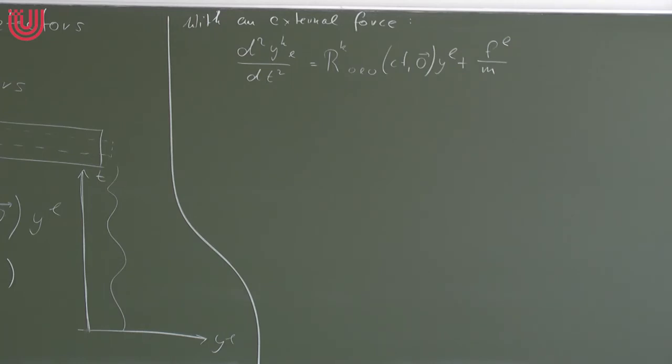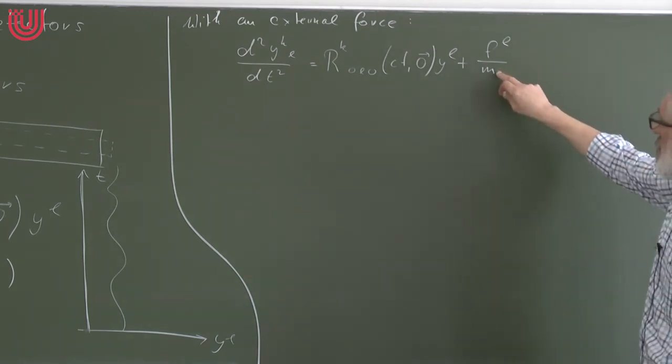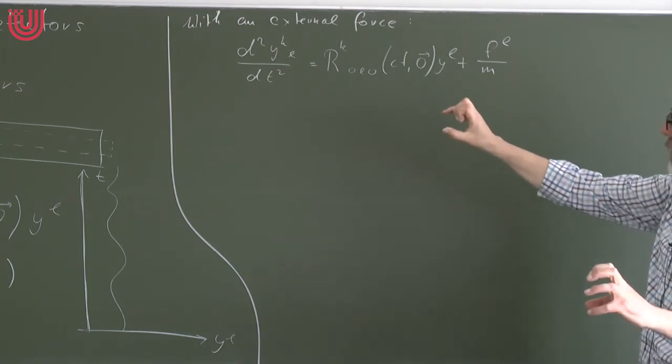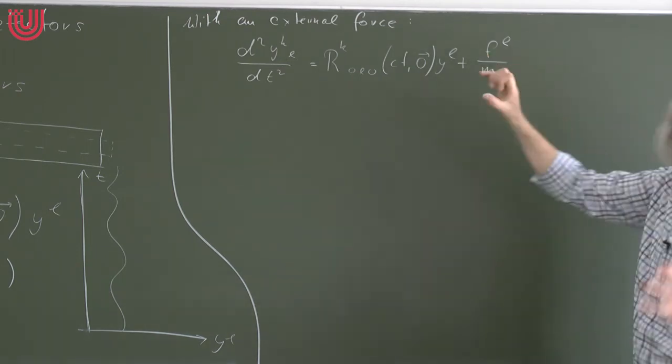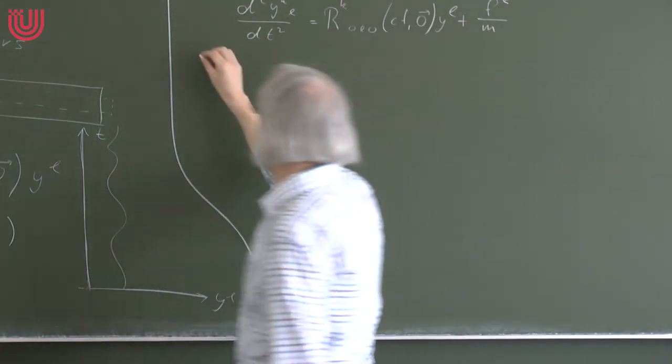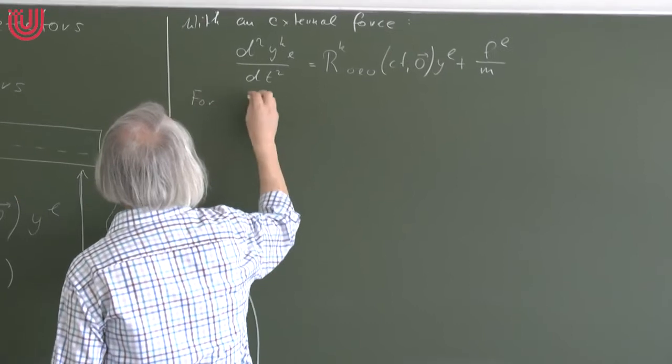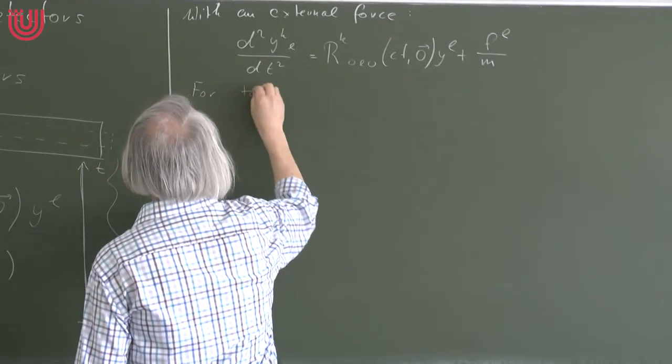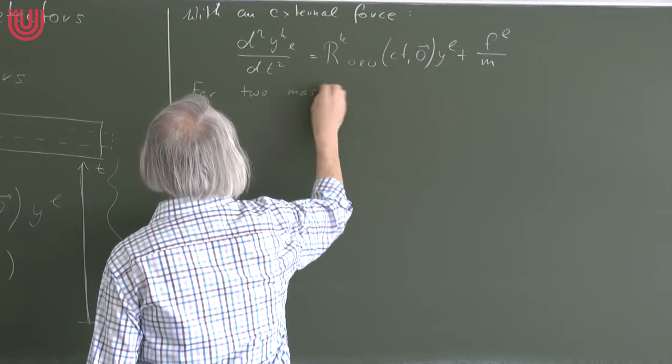And I want to do this, as I said already, for the case that this mass is one of two masses connected by a spring. And this force is then provided by the spring. So let me draw a picture for two masses.